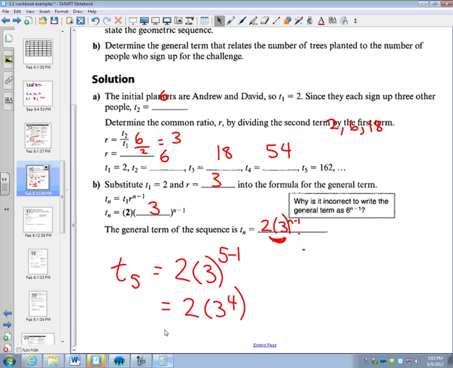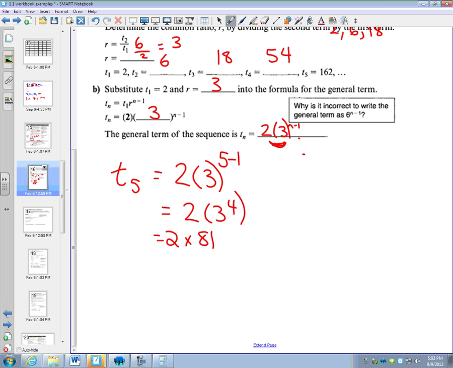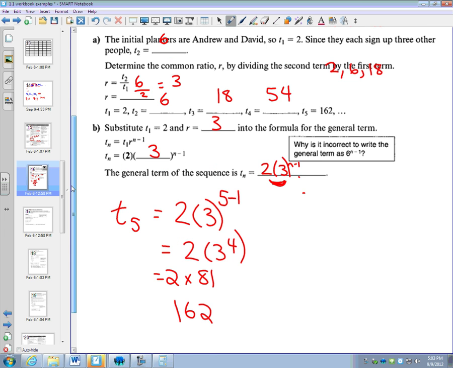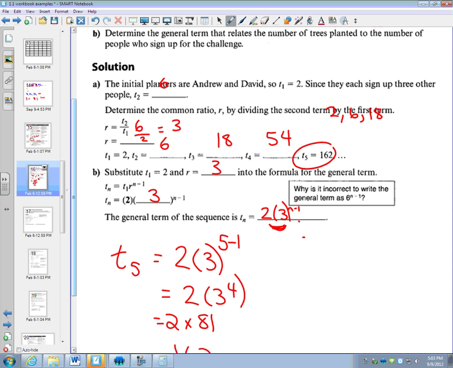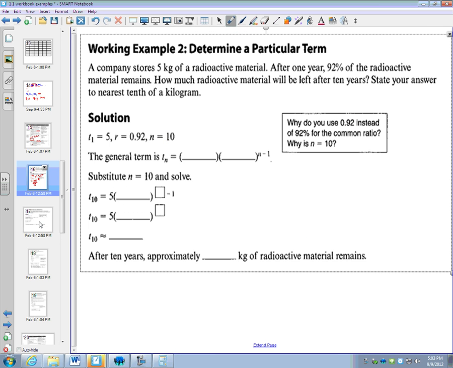So 2 times 81 is 162. The fifth term is 162, and we already saw that that was true. So we can always check our work whenever we do a general form to make sure that it works. Let's try another question.